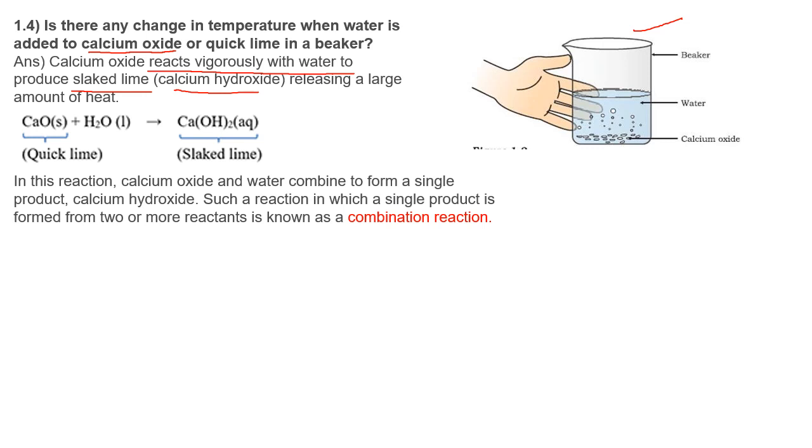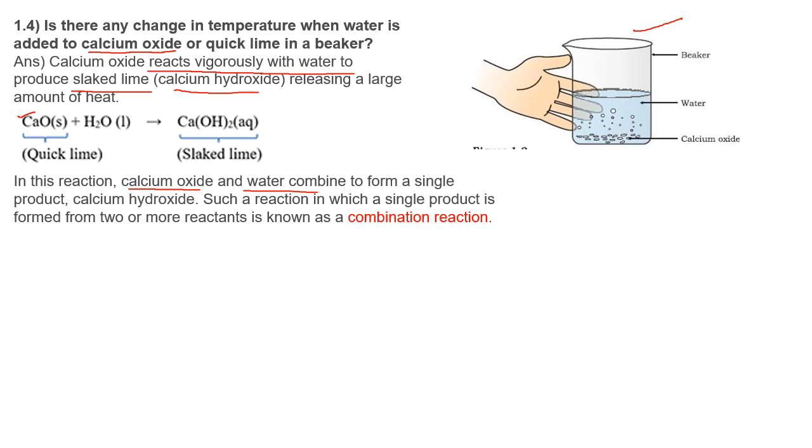So in this reaction, calcium oxide and water combine to form a single product. This is again an example of a combination reaction, right? And we know that most of the combination reactions, or almost all of them, are also exothermic reactions, right?